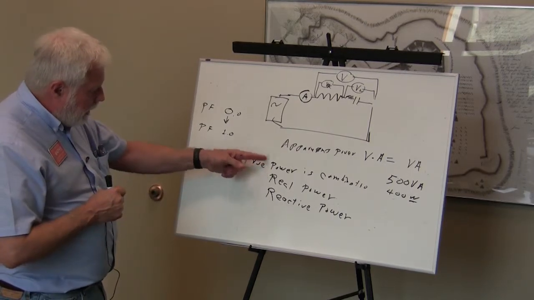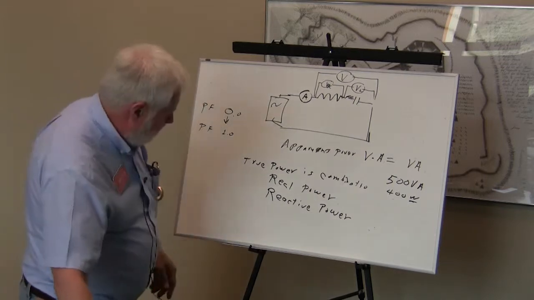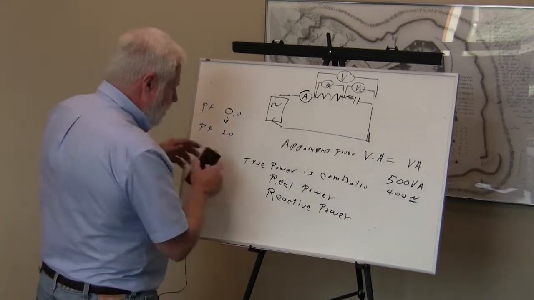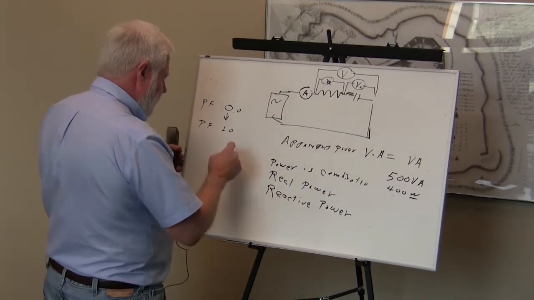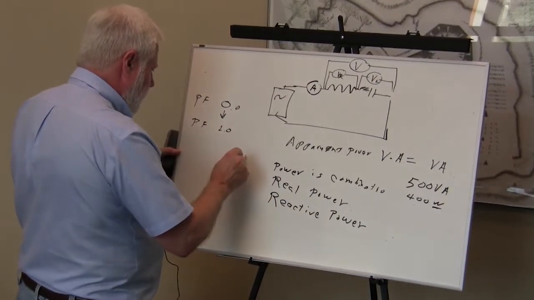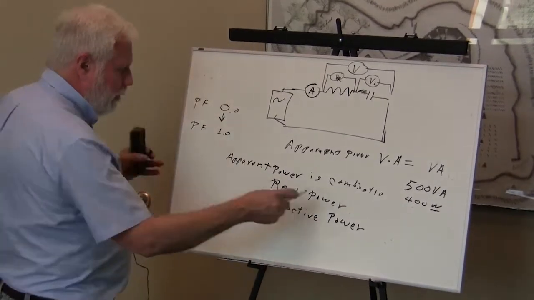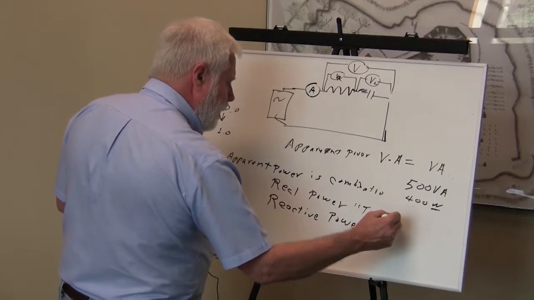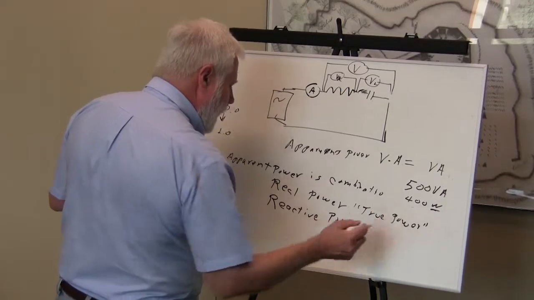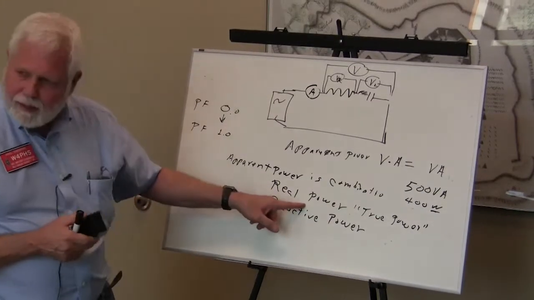Actually, hold on. I should say apparent power, excuse me, I got that wrong. Apparent power is a combination of real power, also called true power, and reactive power. And where is the true power being dissipated?